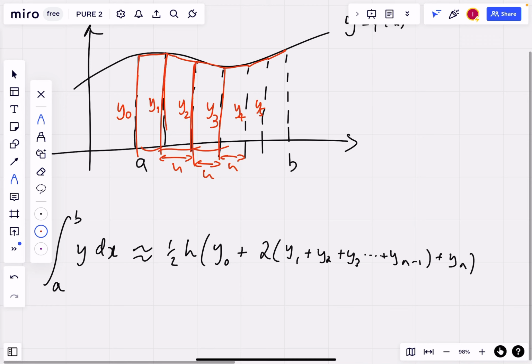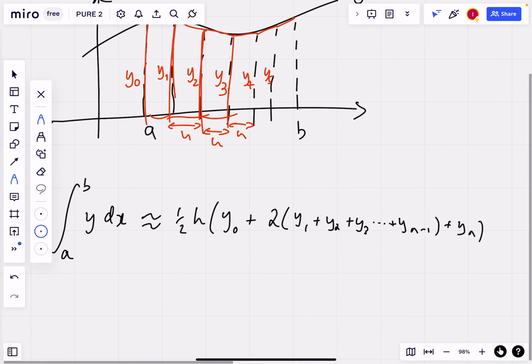In order to work out h, you would do b minus a over n, where n is the number of trapeziums. If you're lost right now, don't worry, I'm going to go through an example, it's going to make sense.